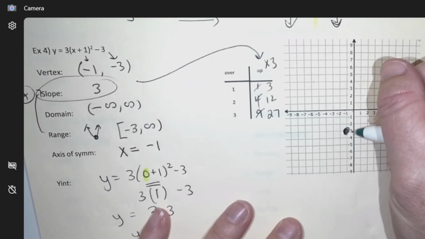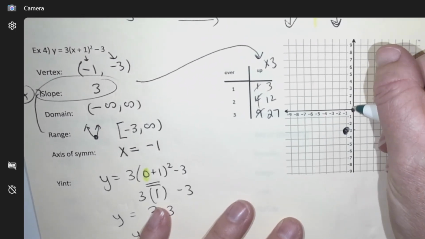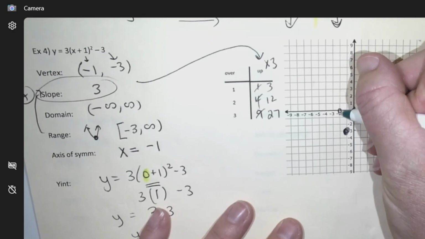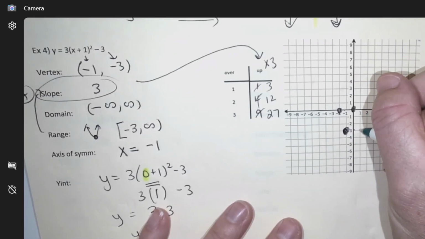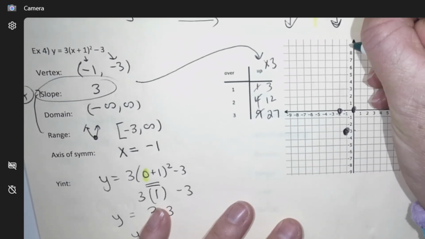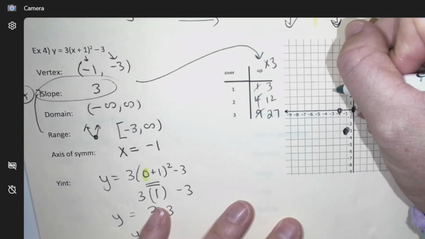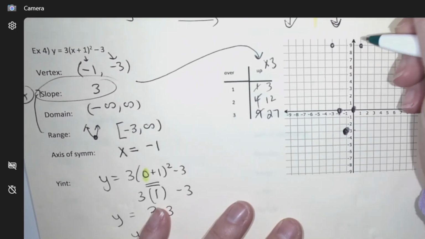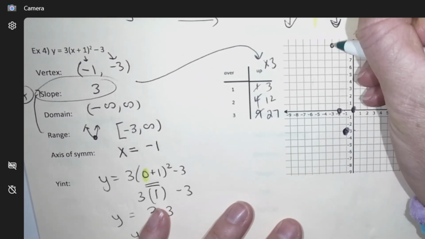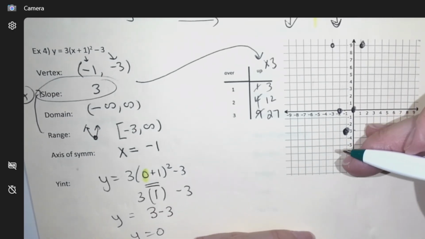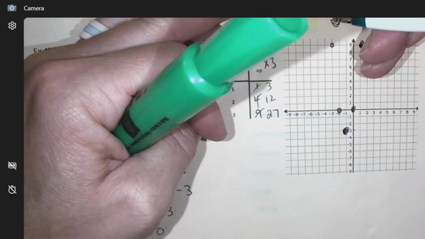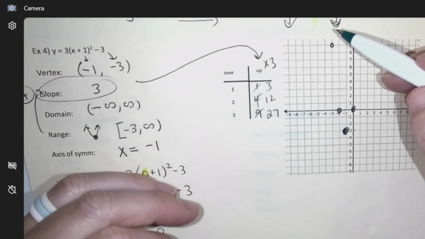So we're going to be heading 1 over and then 3 up. Reset 2 over and 12 up. So instead of maybe literally counting 12 ticks, understand that you're going from a -3 plus 12, so 9. So you should be at the 9 value, right?